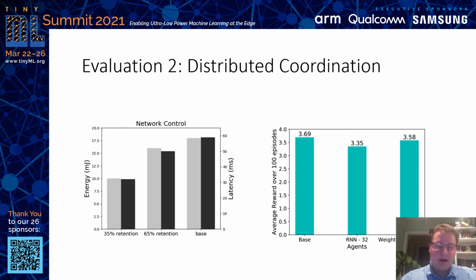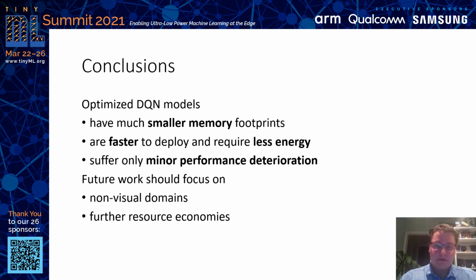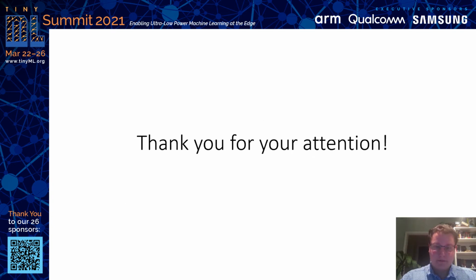We see that while the energy falls considerably, the average reward over 100 episodes remains roughly the same. The framework therefore delivers optimized DQN models that are smaller, faster, require less energy, and retain roughly the same level of performance as the original models. Thank you for your attention.